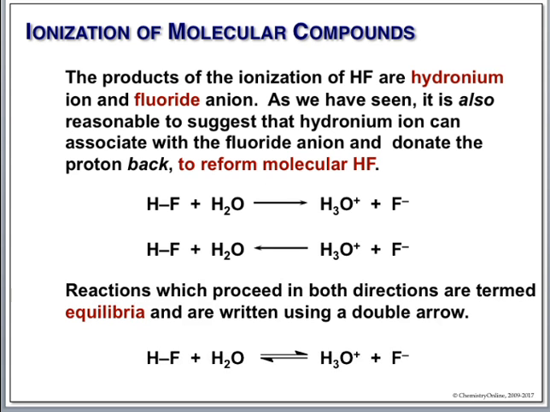An equilibrium is shown in chemistry using a double arrow. Now, this is not a double-headed arrow. Make sure you know that. That's different. You won't see that in this course, but you would see it later. Double-headed arrow refers to resonance, but this is one arrow on top of the other.